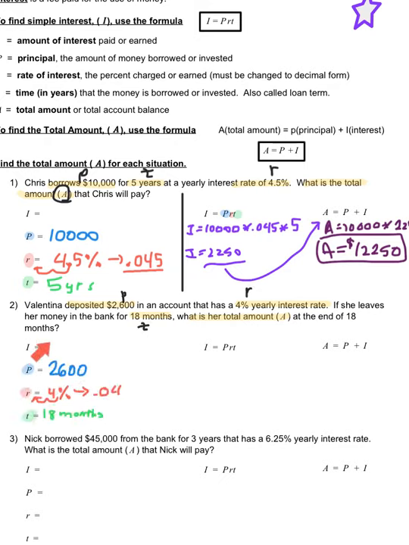Now since I don't have the I, and I need the I to find the amount, I'm going to have to take this information from here and substitute it into the simple interest formula to find the interest. But before I do, you need to remember, if it gives you the time in months, you need to divide by 12 to find out how many years that is, and that's going to be 1.5 years. So then I would take that information and fill it into the formula.